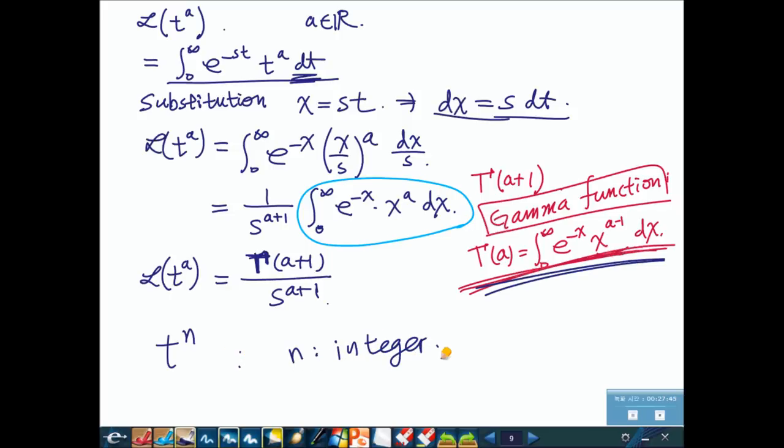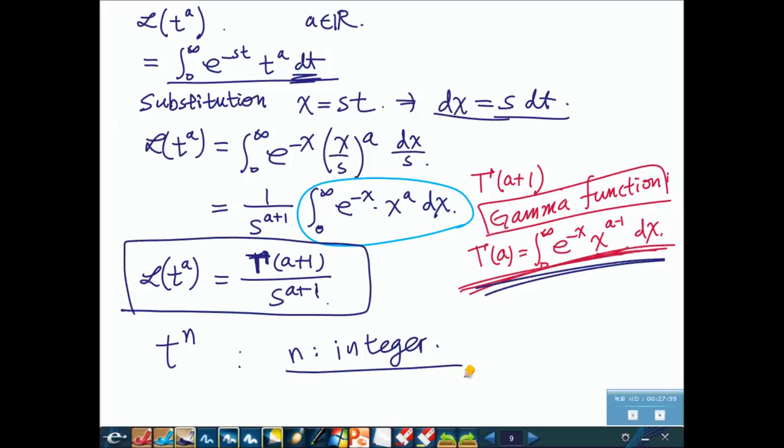Okay? The generalization of a is a real number, like 1.5, minus 100.707, right? The general value is this, but if we constrain to integers, 1, 2, 3, 4, then it will become a much easier form. Okay? Let me show you.